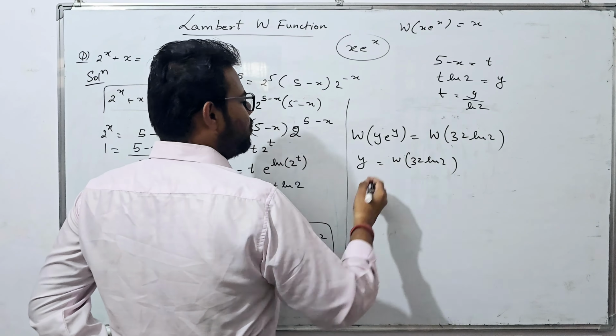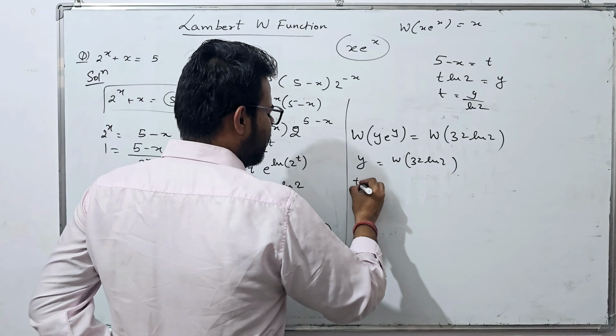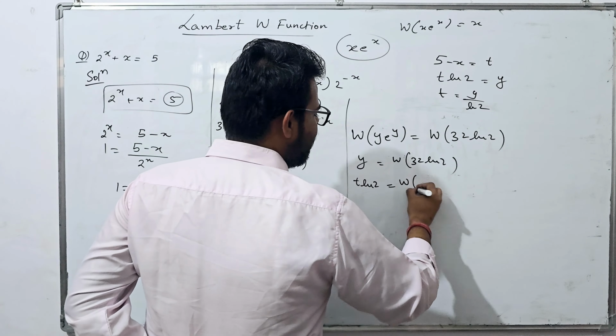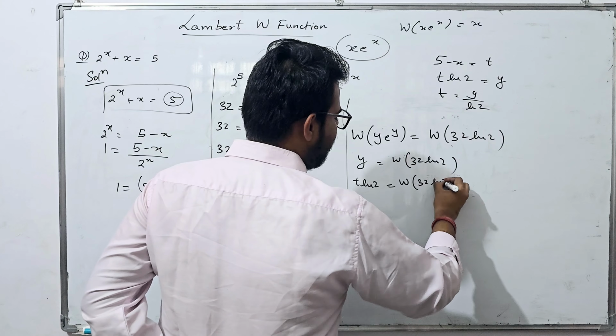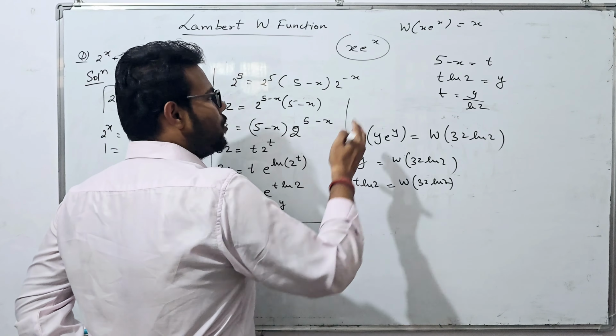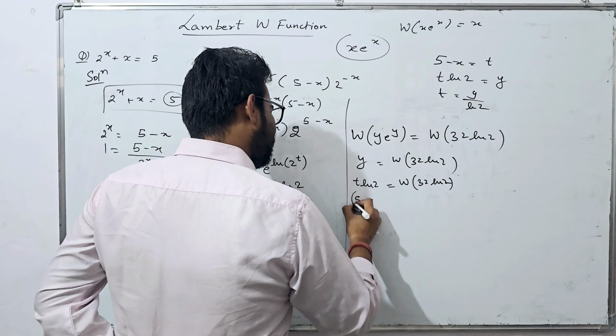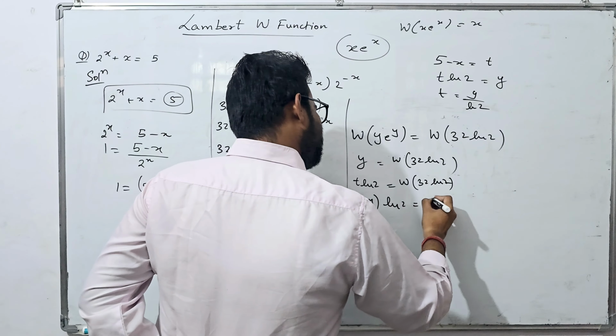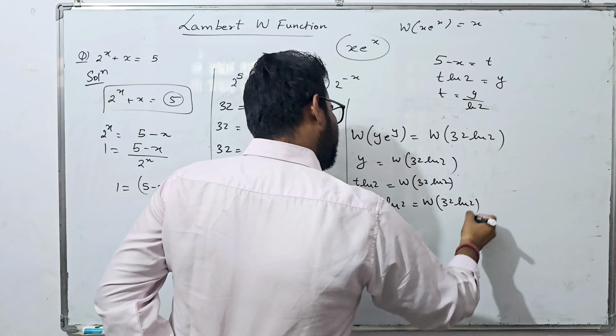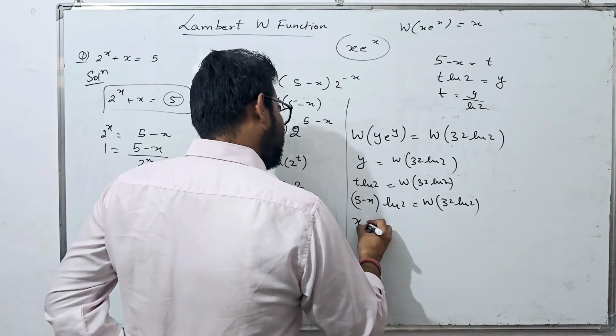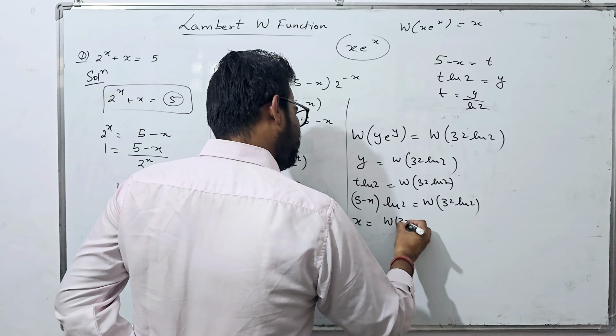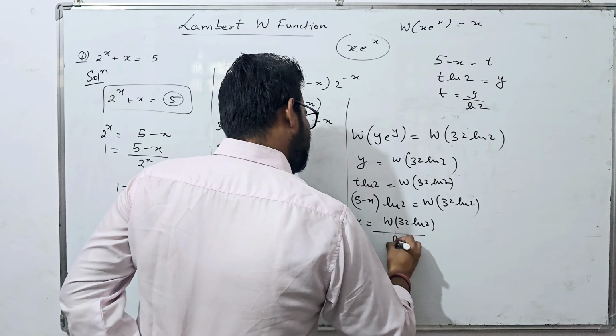What is y? y is t ln2, which is equal to the Lambert W of 32 ln2. And what was t? t was 5 minus x. So (5 minus x) ln2 is equal to W of 32 ln2, and you solve, you get x is equal to 5 minus the Lambert W of 32 ln2 by ln2.